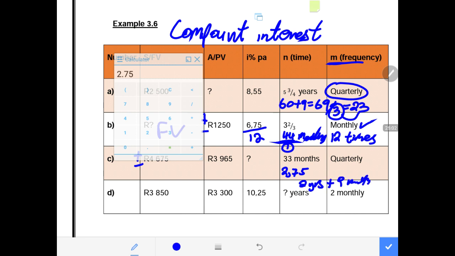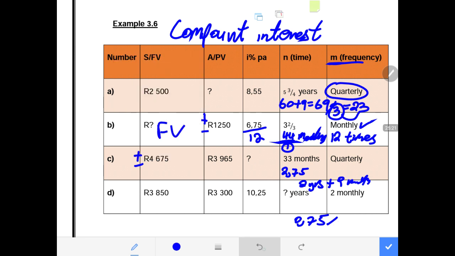We know that 0.75, just to verify that, times 12 is equal to 9 months. 0.75 multiplied by 12, we see that it is 9 months. So guys, I want you to master all this very much in terms of the rounding off and the conversion of months into years. So we have 2.75 years, which is 33 months.